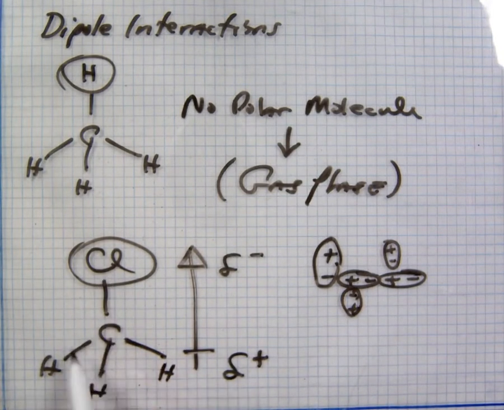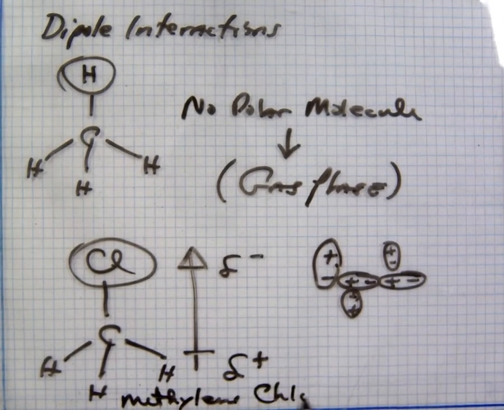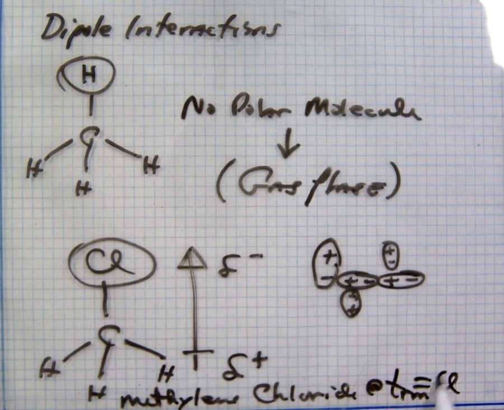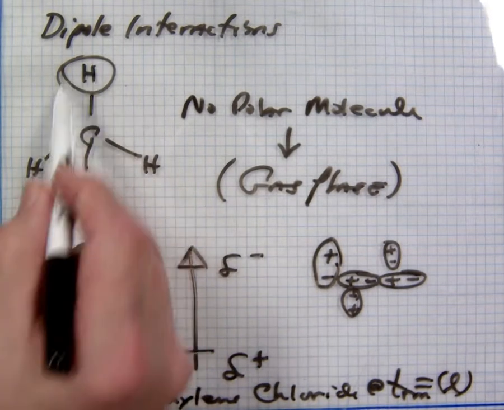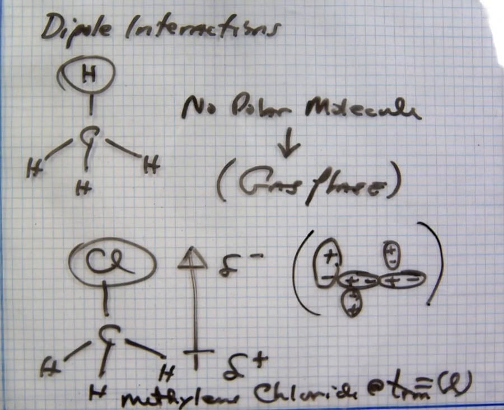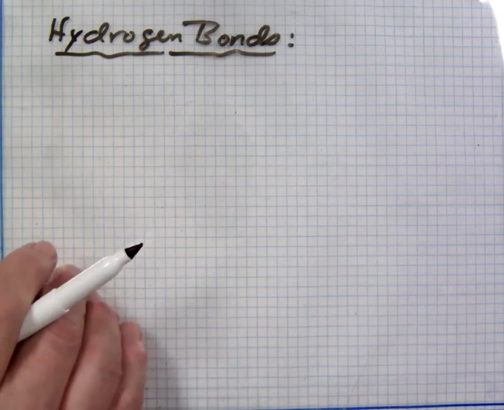And this is methylene chloride. At room temperature, it's a liquid. But all I did was replace the hydrogen with a highly electronegative group there, and it formed a dipole. And so the dipole-dipole interaction is such that it causes the particles to agglomerate and form the liquid phase.